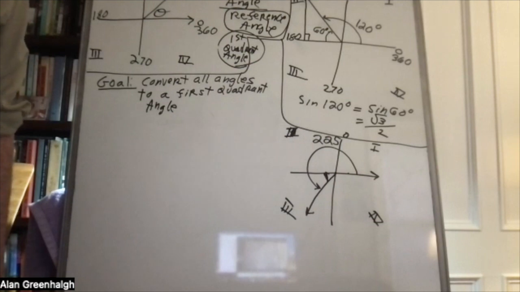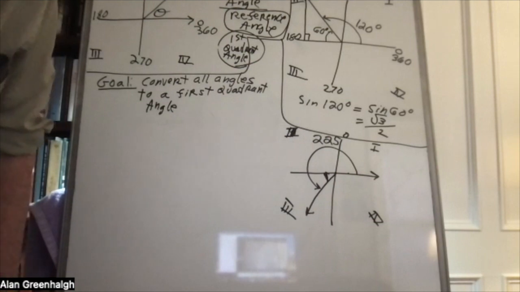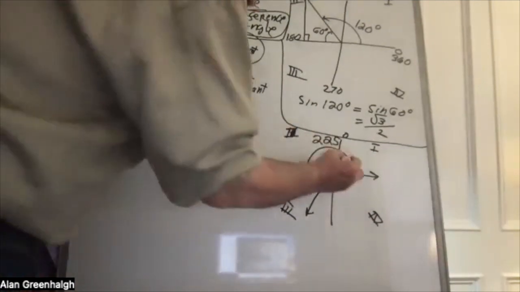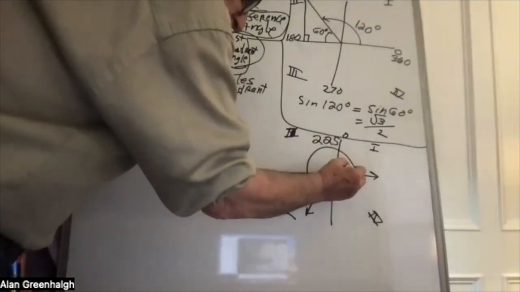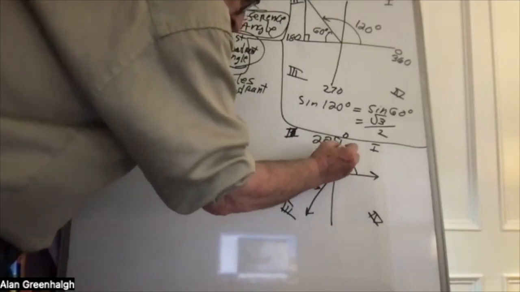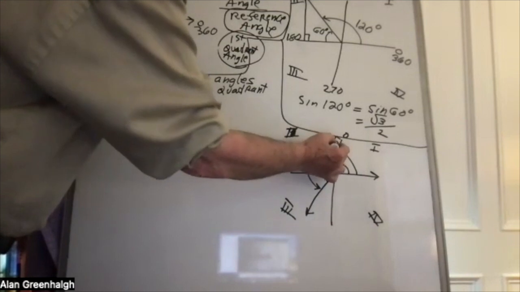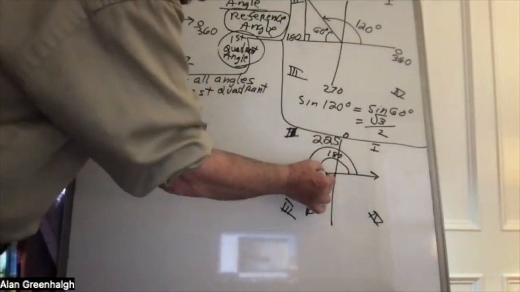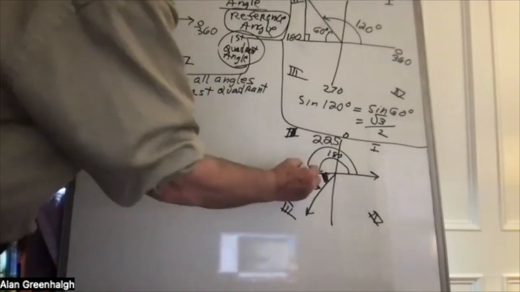A little more difficult, right? 45. How'd you get that, Sandus? I just did 225 minus 180. Very good. What Sandus said is that from here to here is 180, so 225 minus 180 gives you what's left over here, which is a 45-degree angle.